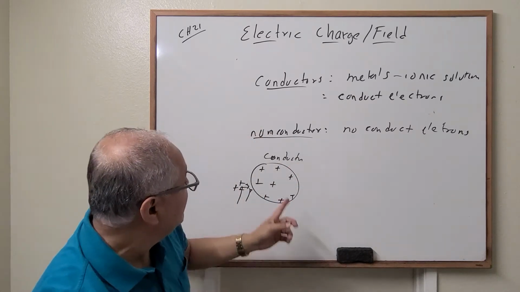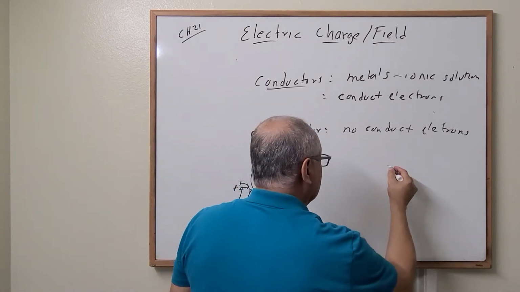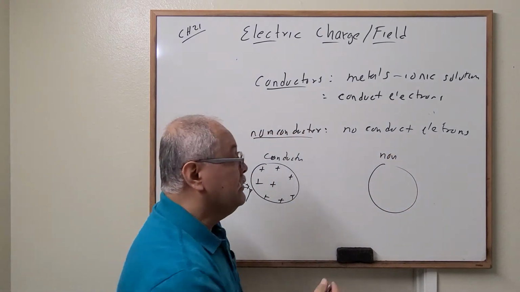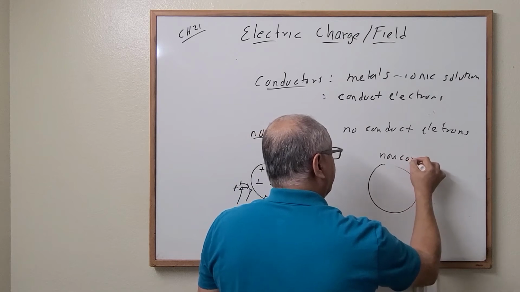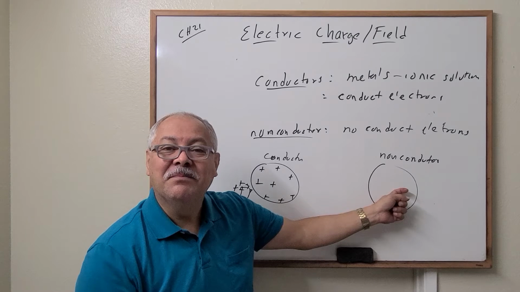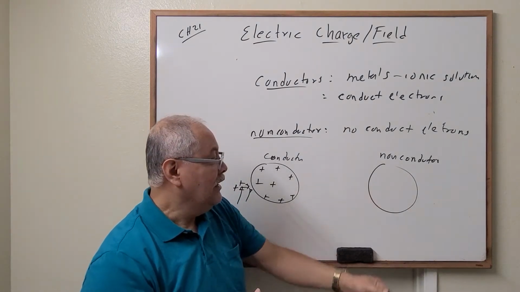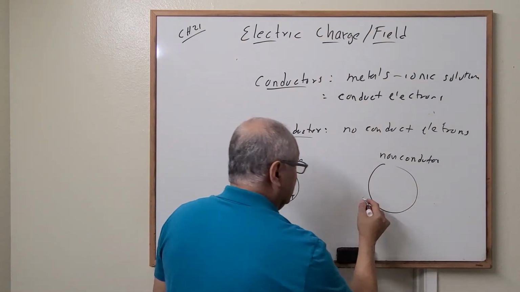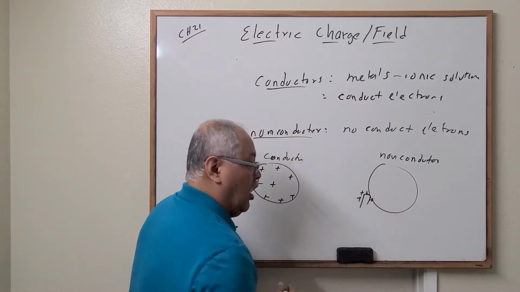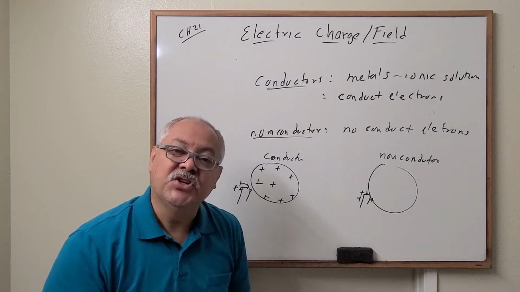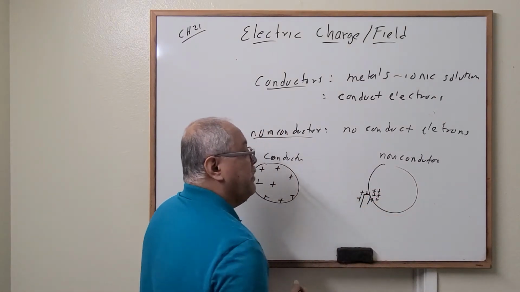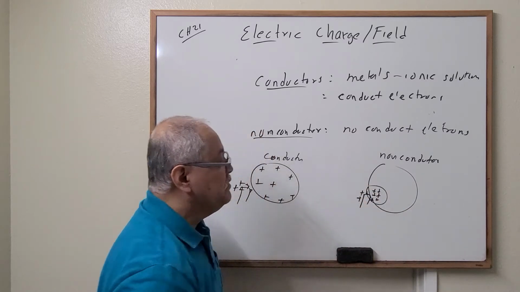What about a non-conductor, sometimes called an insulator? Let's say a piece of wood, plastic, glass, and so on. If we touch this with an object that is positively charged, the charge stays in one spot.